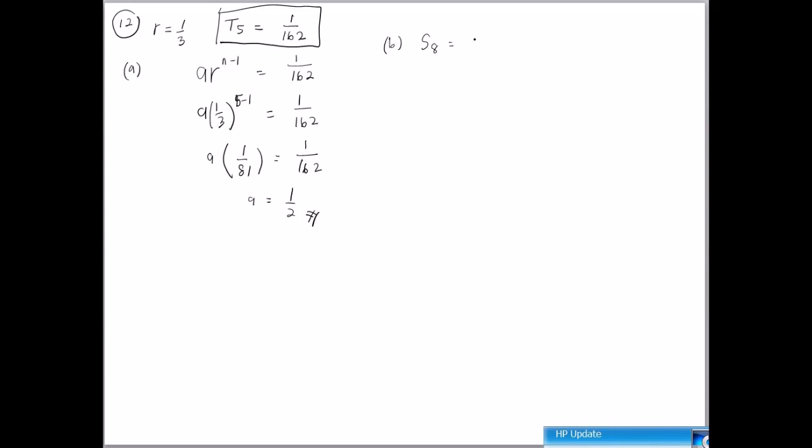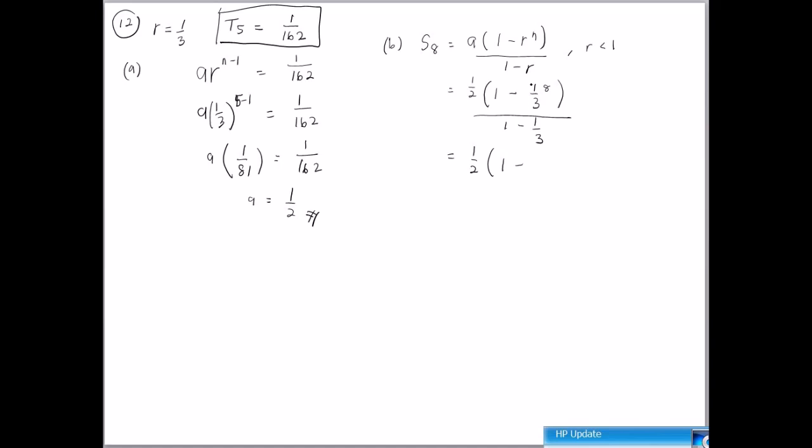Therefore, the formula that we will use is A times 1 minus R power n over 1 minus R, because our R is less than 1. Okay, substitute A 1 over 2. 1 minus our R is 1 over 3 power 8 over 1 minus 1 over 3.